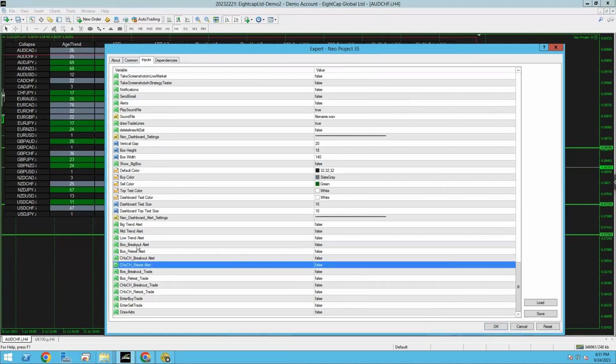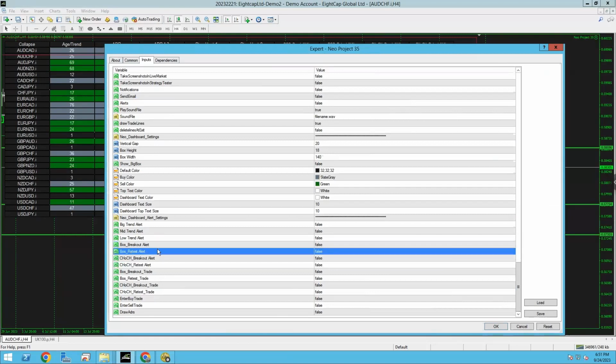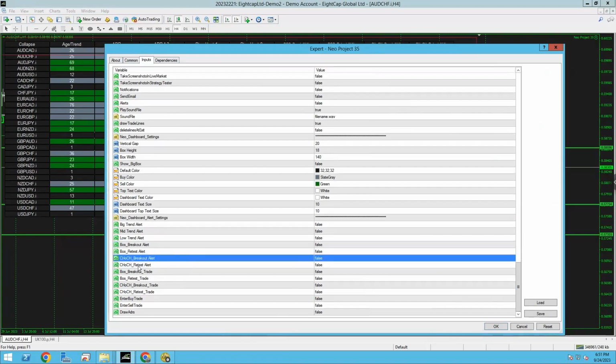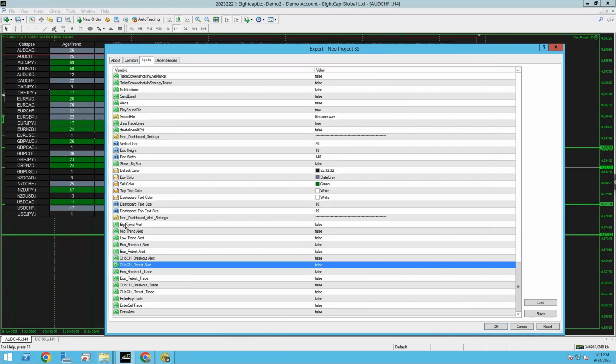Yeah, so it's these four: break of structure breakout alert, break of structure retest, change of character breakout alert, change of character retest. It's literally just the ones underneath big, mid, and low. Those four, you switch those on. Once you've switched on the big trend and those four, you should have 5 alerts switched on in this section: big trend, BOS breakout, BOS retest, change of character breakout, change of character retest. 5 alerts you need to switch on.